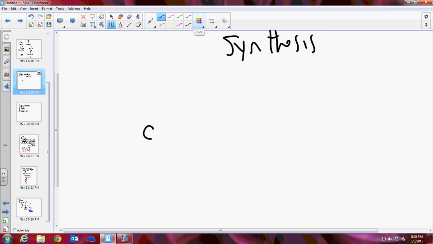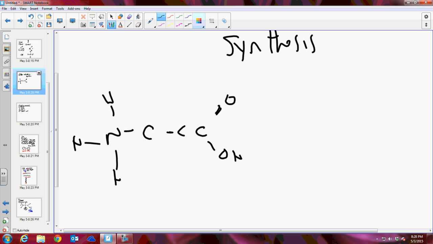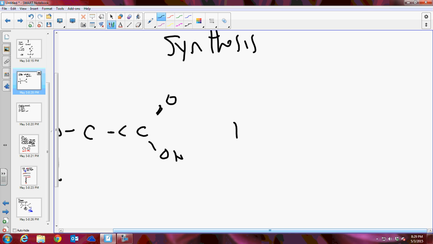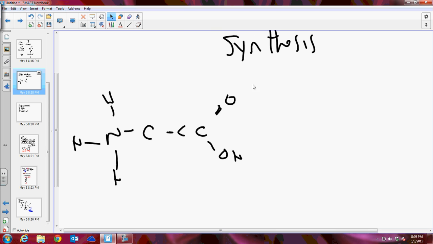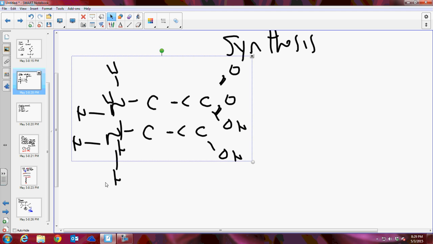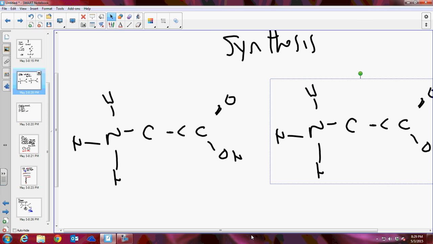See if I can just kind of draw a quick amino acid here. And then the other side, you're going to have the amine group of another one. Actually, the amine group of this other one is going to hook up with it.